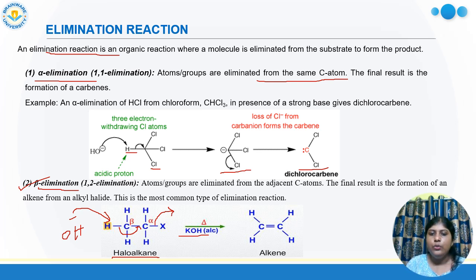So alkene will form. Now this hydrogen and this halogen both are eliminated from two different carbon atoms. So this is called beta elimination or 1,2 elimination.